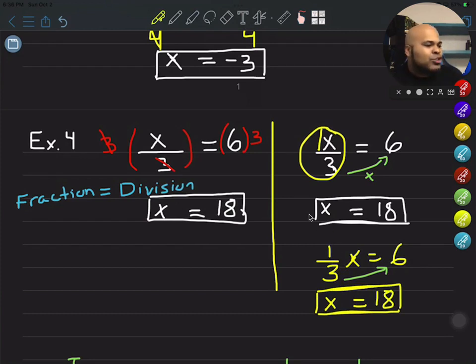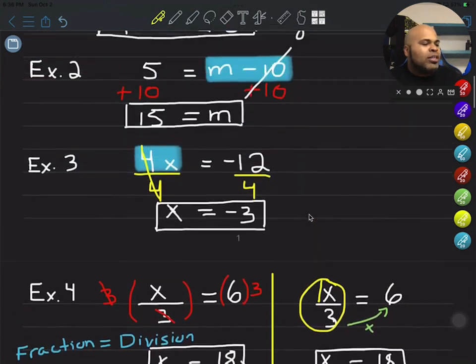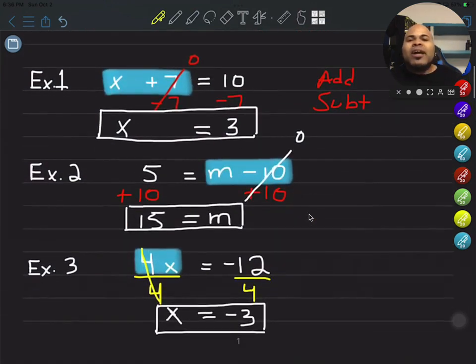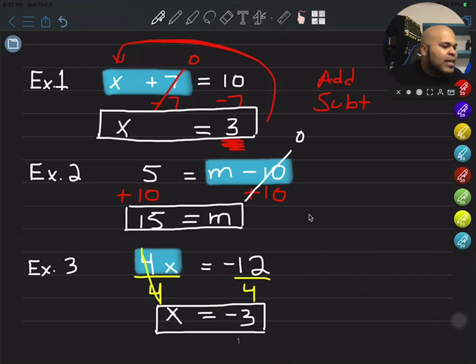One last mention is that you can double check all these answers by plugging the answer back into the original problem. So I'm only going to do it with the first one. I found out that x equals 3. So I could take this 3 and plug it back into the original problem. If I do that, instead of having x plus 7 equals 10, I will have 3 plus 7 equals 10.